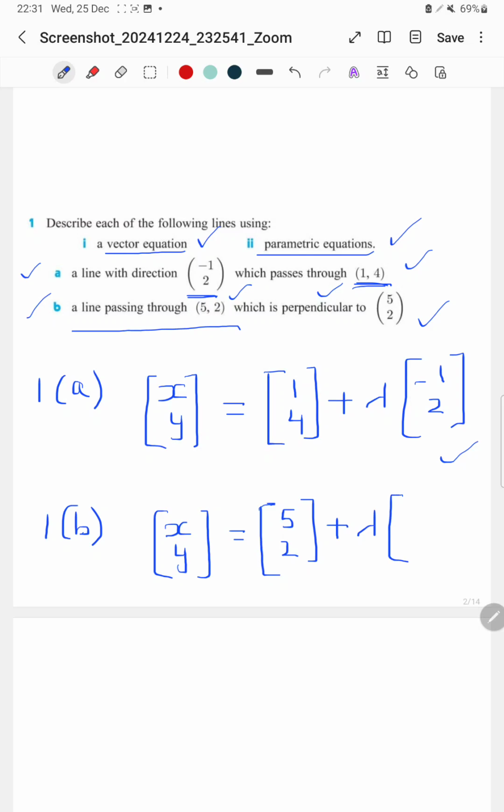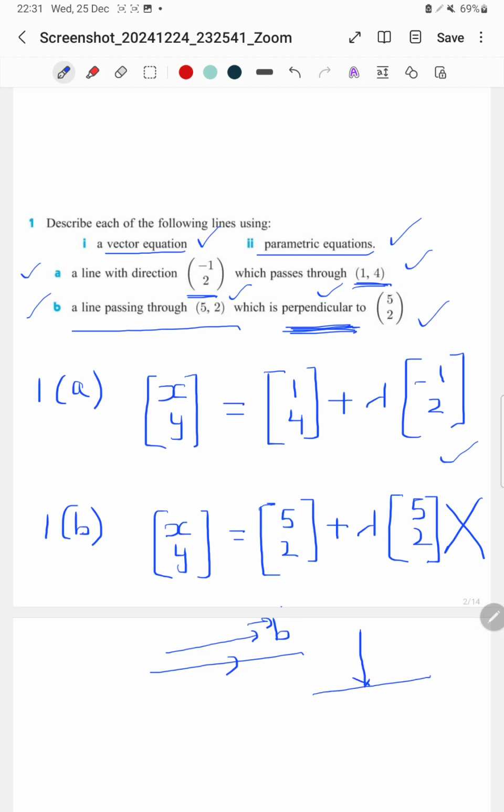But here the question is, they said the line is perpendicular to 5, 2. So 100% I cannot write this. If I write this, it will be wrong, because let's say this is the equation of a line. The direction vector, which is called b, should be parallel to this line. But here what is given, the line is perpendicular to this vector which is having the coordinates 5 and 2. So I cannot consider this one.